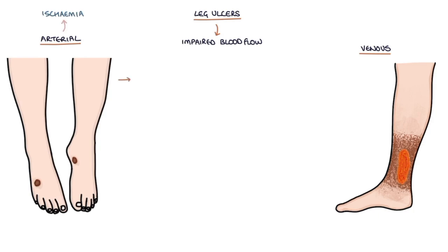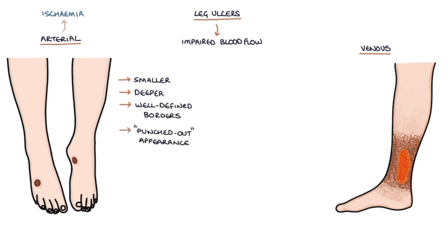Typically, arterial ulcers are smaller than venous ulcers, deeper than venous ulcers, have well-defined borders, which gives them a punched-out appearance, occur more peripherally, for example on the toes, have reduced bleeding, and are painful.